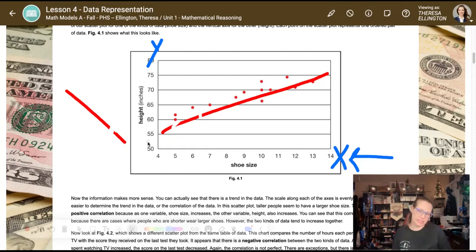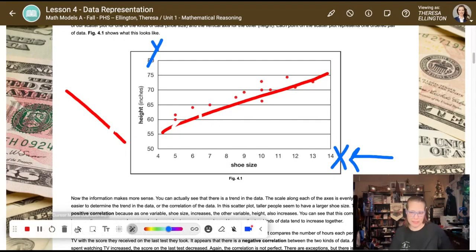So we put height on this side because it makes more sense for our brains to see it going up because height is going up. But height is not dependent on your shoe size. Generally speaking, the taller you are, the bigger your shoe size because you need bigger feet to support your body. So I would say that the shoe size is dependent on your height, normally speaking.